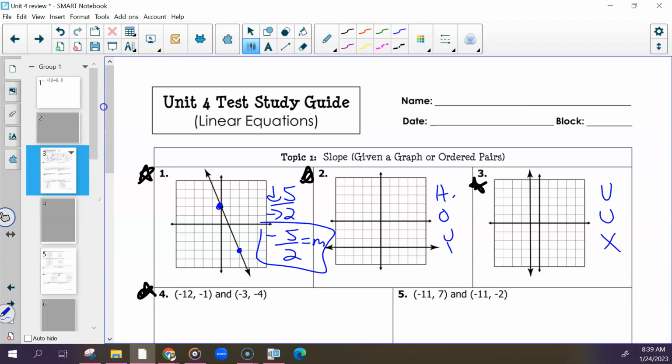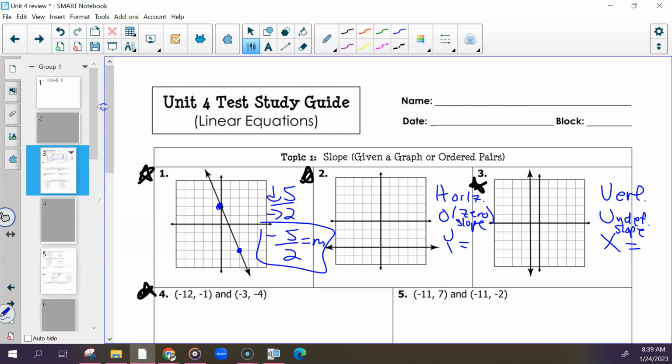Horizontal lines have 0 slope, and our y equals. Vertical lines have undefined slope, and our x equals. So if you remember what those mean and put that next to it, then you can determine slope, how to graph it, things like that.